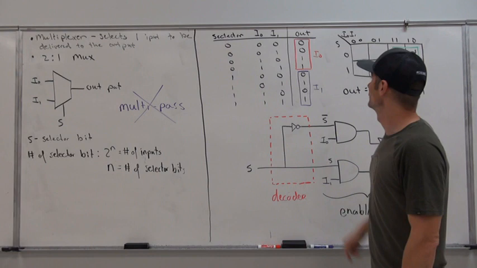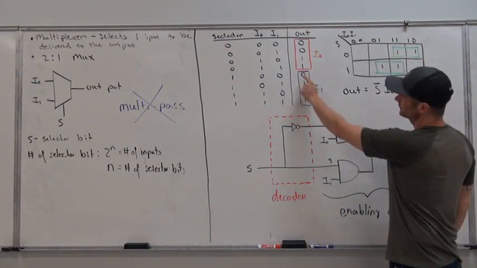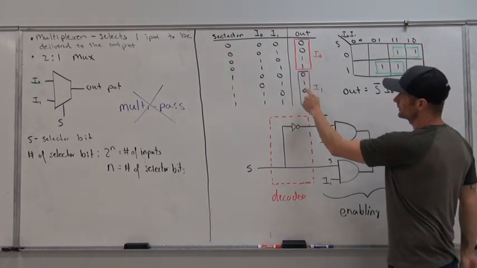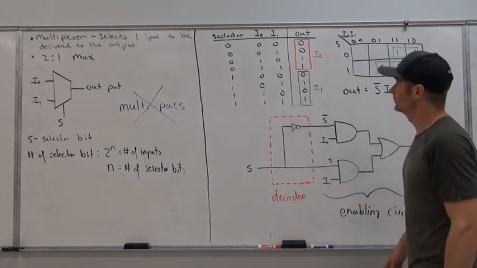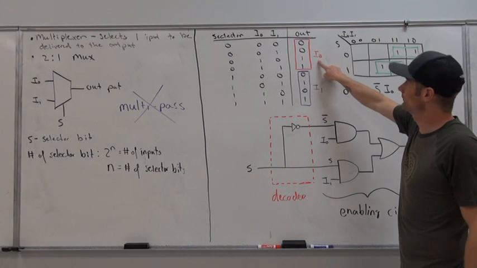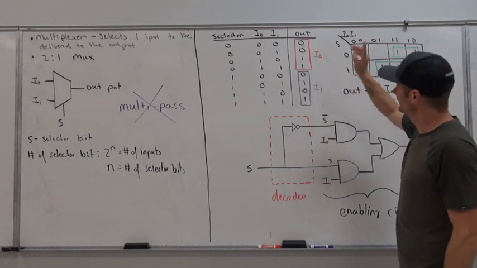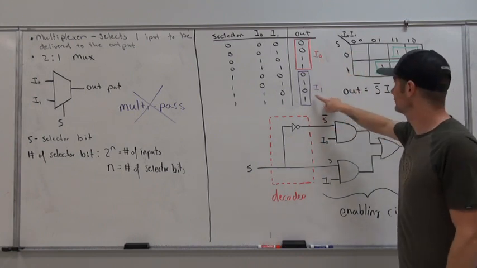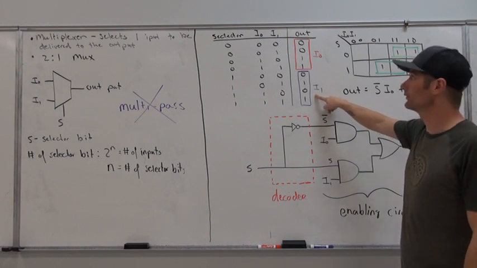So we can make the output that same form, 0, 1, 0, 1. So half of the truth table is going to render an output of I0, and the other half is going to render whatever I1 was.